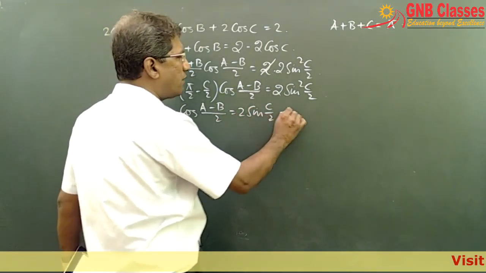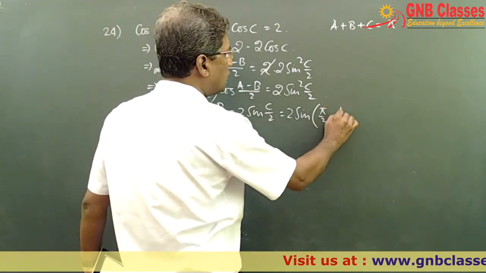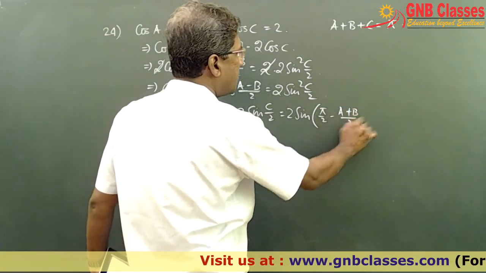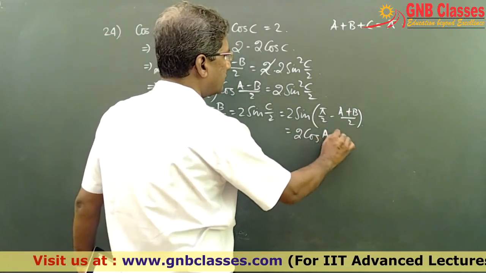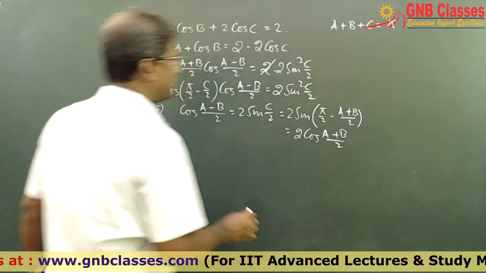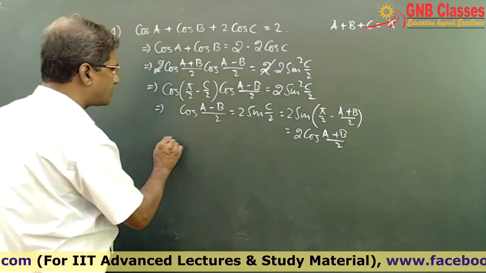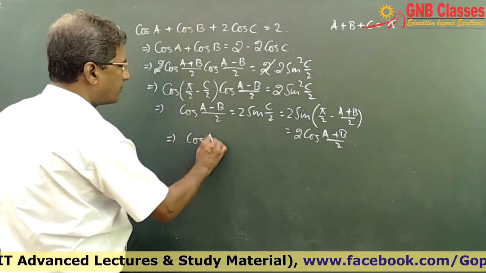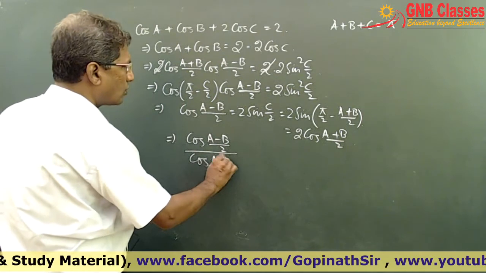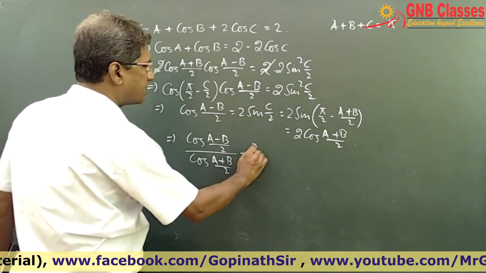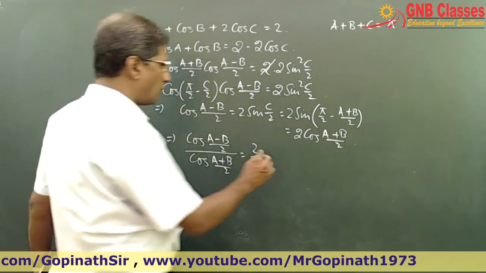Again, this C by 2 can be replaced by pi by 2 minus A plus B by 2, which is nothing but your cos A plus B by 2. Now let me take this cos A plus B by 2 in the denominator. So we are getting cos A minus B by 2 by cos A plus B by 2, which is nothing but your 2 by 1. Now if we apply componendo and dividendo, what are we getting?